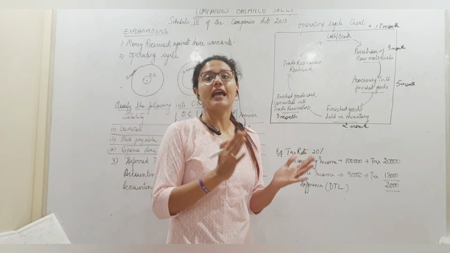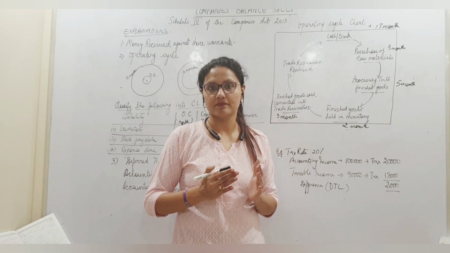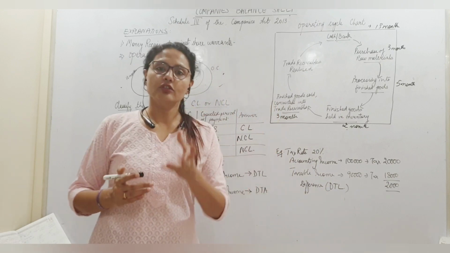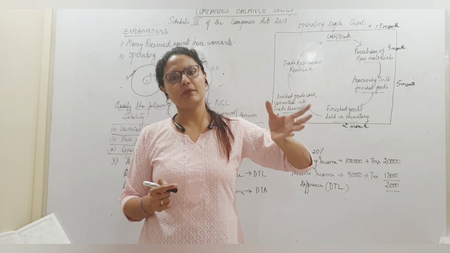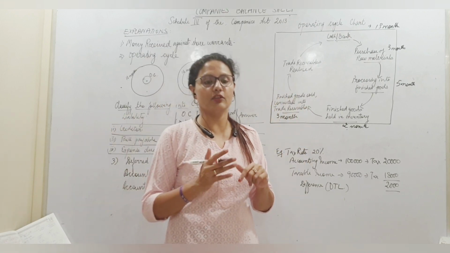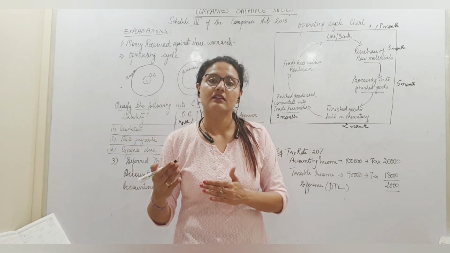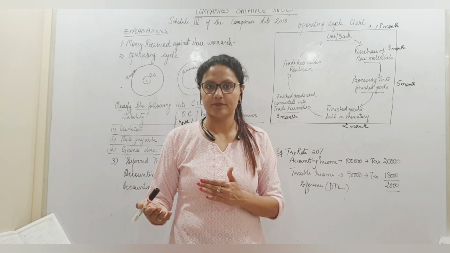But the income tax department will have a different way of calculating the tax. So here you will have to see the taxable income and accounting income, whichever is more, that will determine whether I eventually have a tax liability or a deferred tax asset.